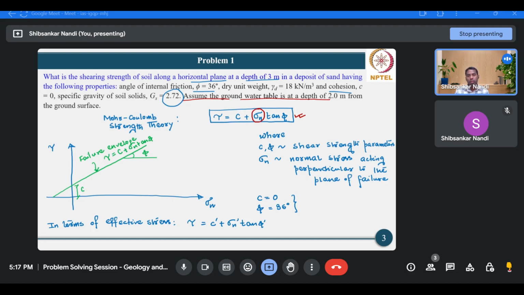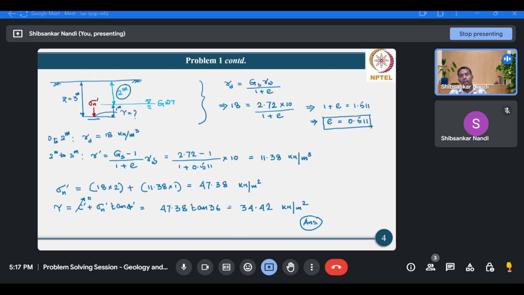That is very much essential. So right now we considered a horizontal plane, so the calculation of normal stress, that is nothing but the effective overburden stress, was sufficient to determine the shear strength acting on the horizontal plane.